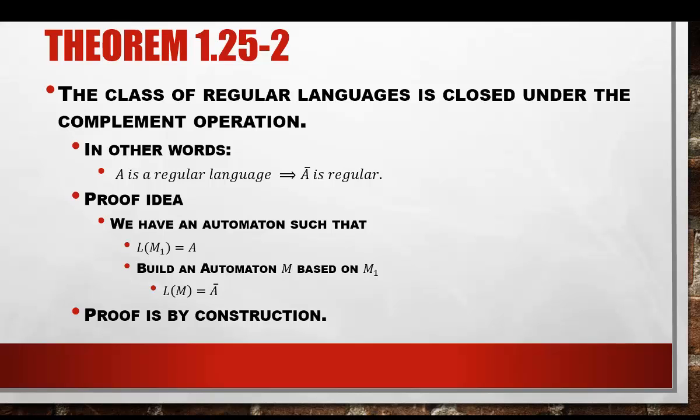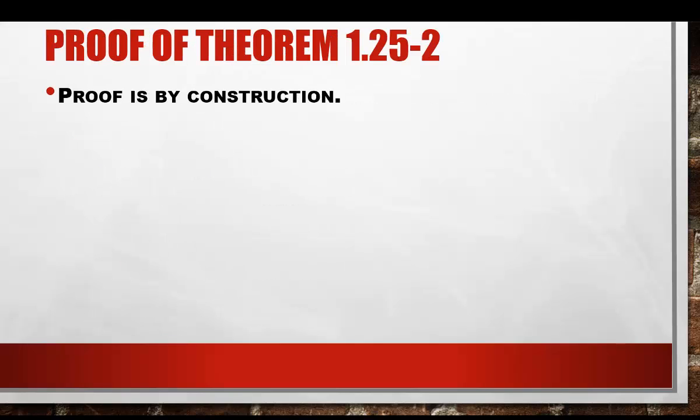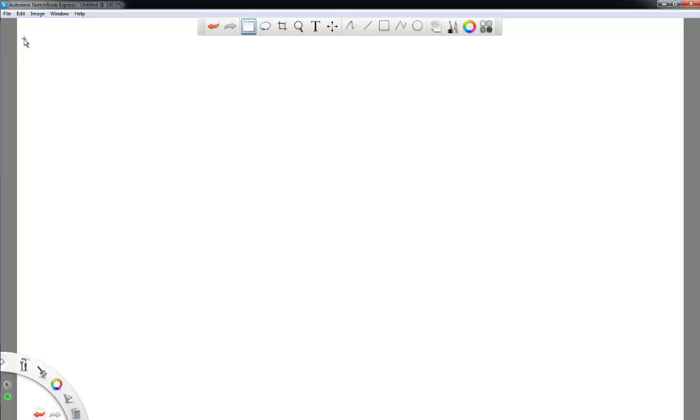And again, the proof is by construction. So let's see how it's done. Again, what I would like to show is that if a language A is regular, then its complement is also regular.